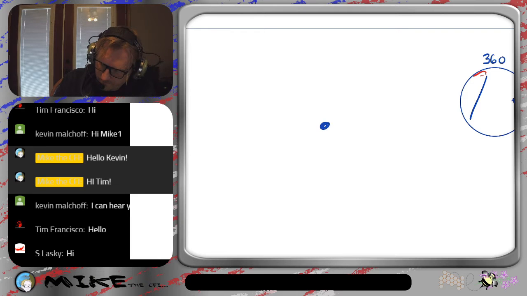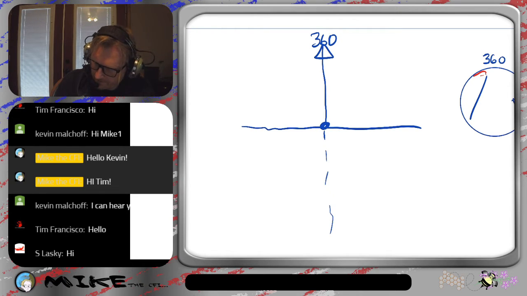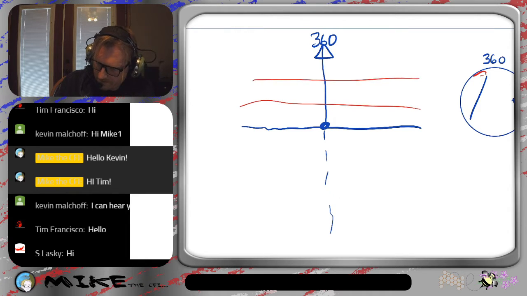So we draw our VOR, radial 360, the reciprocal, and the perpendicular point. And then we just got to isolate the different quadrants here. So we're going from the station, which means that we have to be somewhere on this side, the from side.